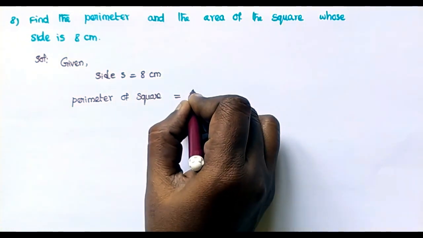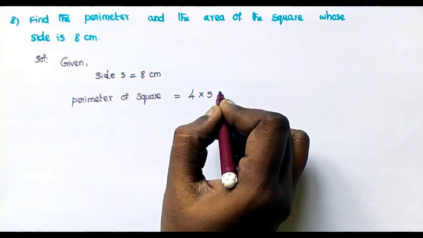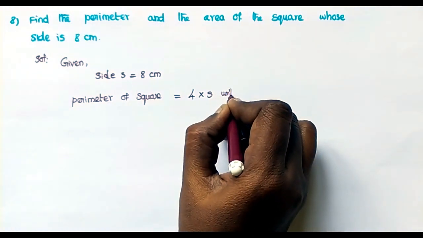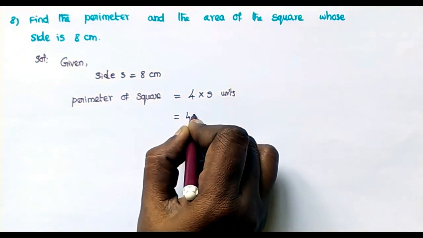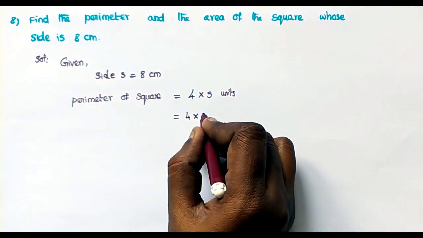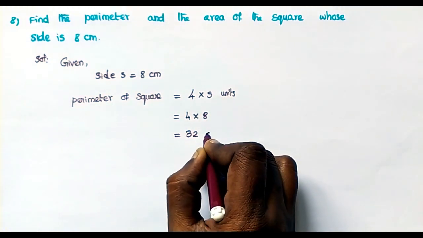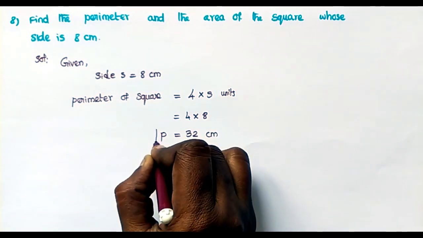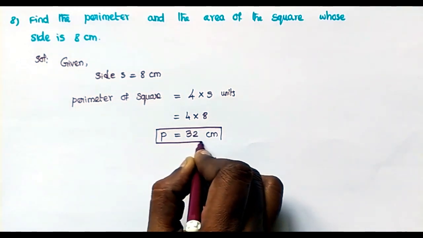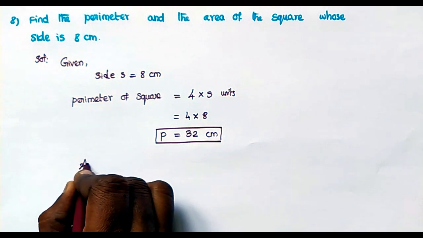Perimeter of square is 4 into S units. That is equal to 4 into, what is S here? 8. 4 8s are 32 centimeter. That is the perimeter.